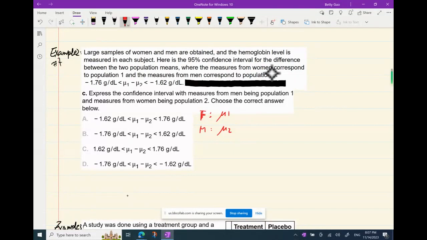The measures from women correspond to population 1 and measures from men correspond to population 2. The confidence interval for mu1 minus mu2 is negative 1.76 as the left endpoint and negative 1.62 as the right endpoint.